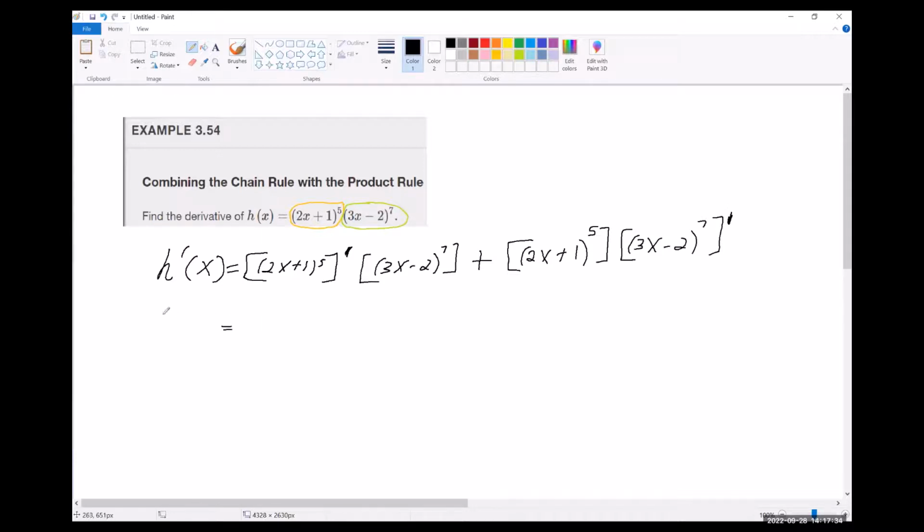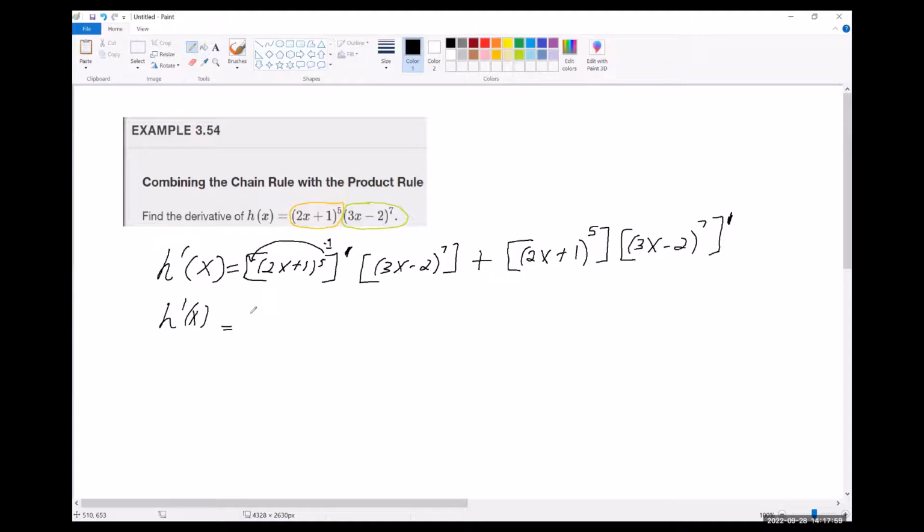All right, so then let's take the derivative of this. So now I need to use the chain rule. So that 5 needs to go to the front, and I have to subtract 1, right?